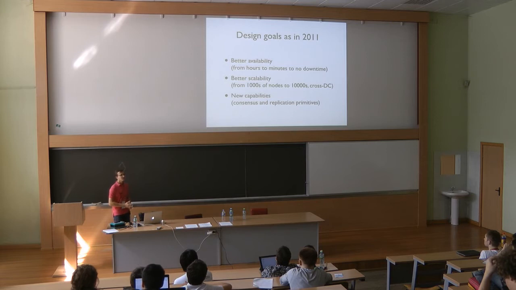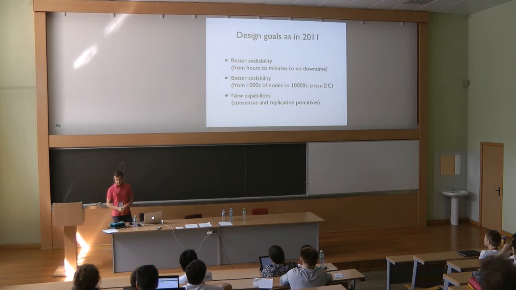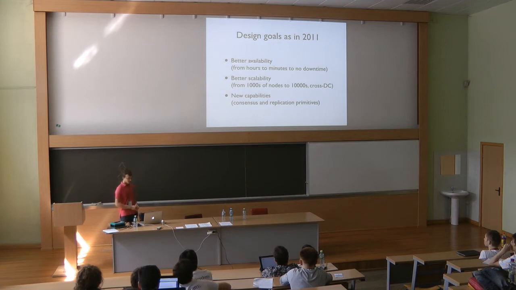As Mihai, for example, mentioned, the problem of distributed consensus and how to replicate services is quite complicated. I'll get to that when I describe how we manage this. But if you have ever heard the word Paxos, you probably know that implementing Paxos is not a pretty good thing. So those were our design goals in 2011.